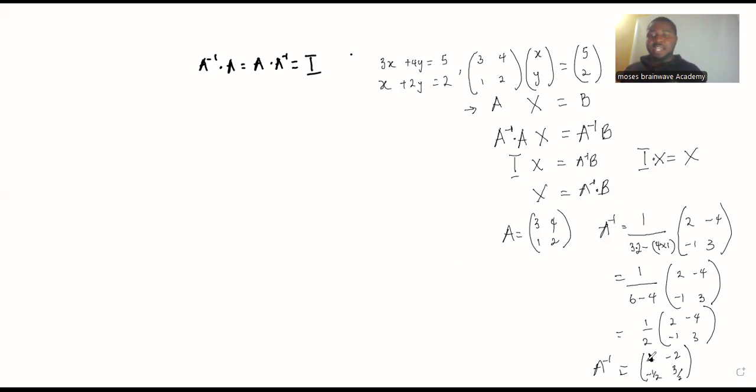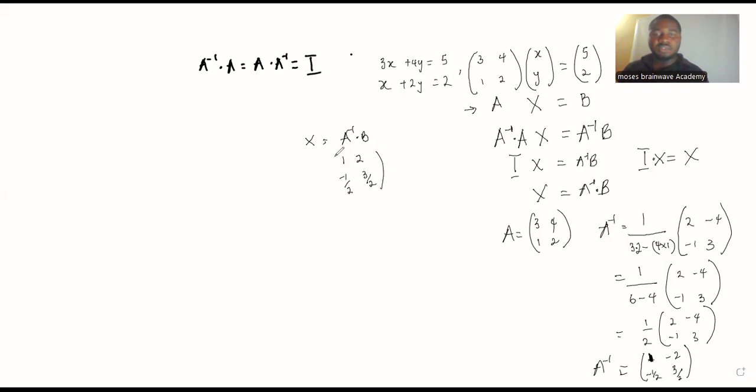So if I multiply this A inverse and B, I'm going to get this matrix of variables. So let's try it over here and see. I have A inverse multiplying B. This should give me my X. We have 1, we have minus 2, minus 1 all over 2, we have 3 all over 2.